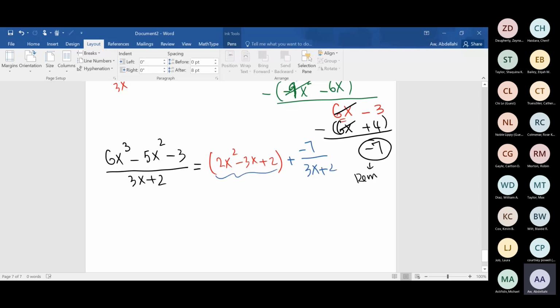So that is the quotient, and that is the remainder.